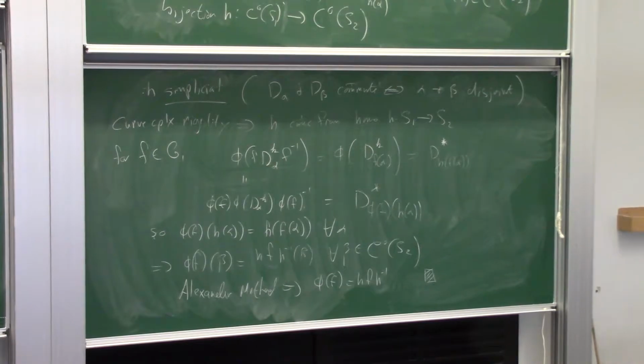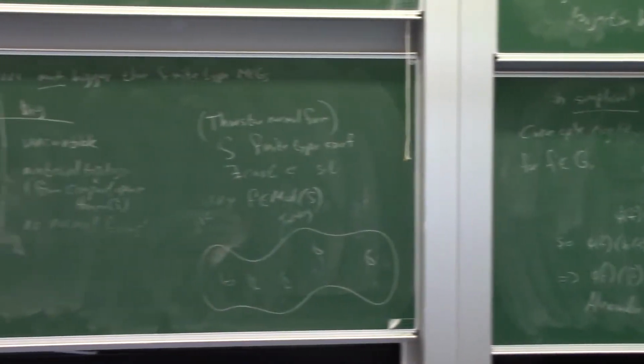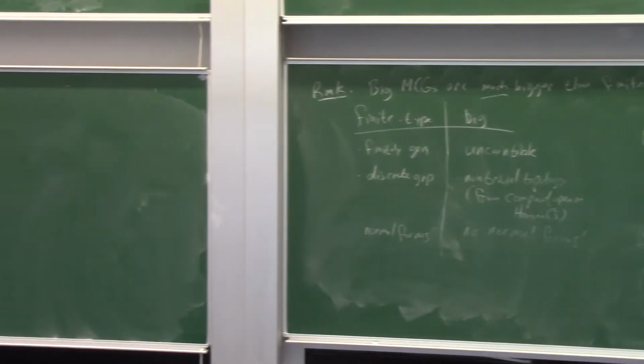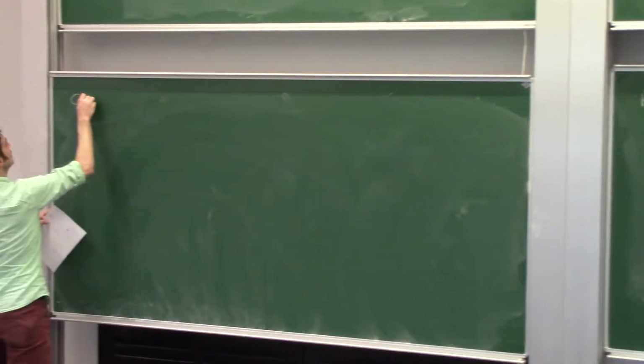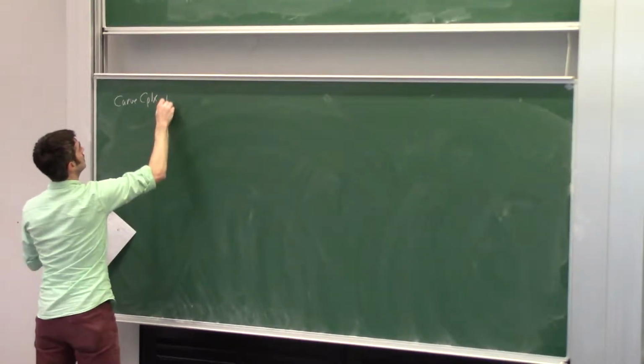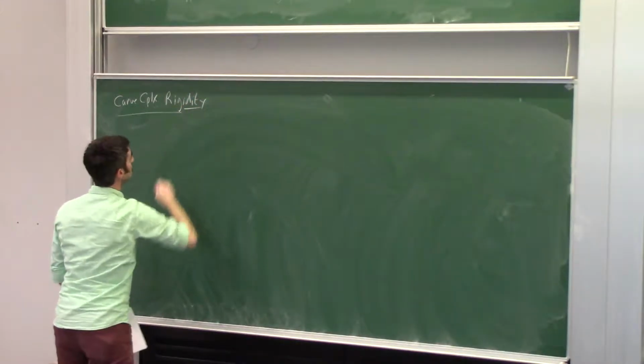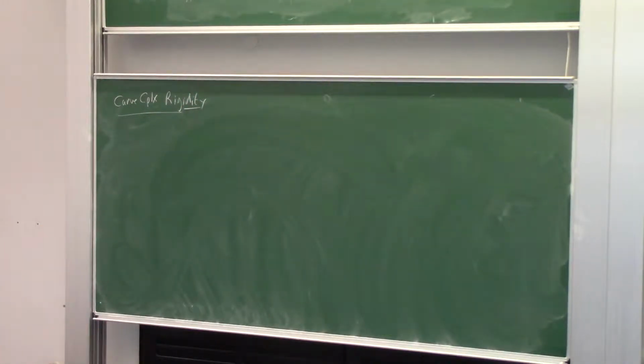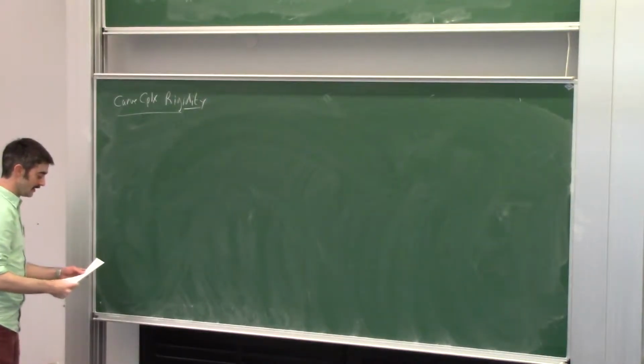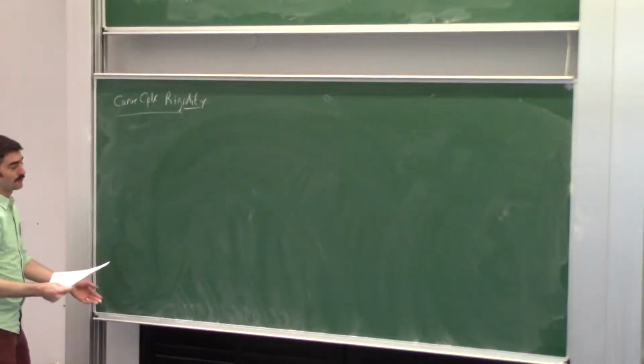So, yeah, so let's start with the curve complex rigidity. Okay, so as I said, this was first proved by the other group of people, and then we gave a different proof, and I kind of like our proof, so I just want to tell you.